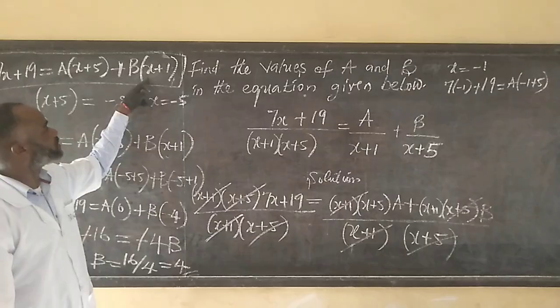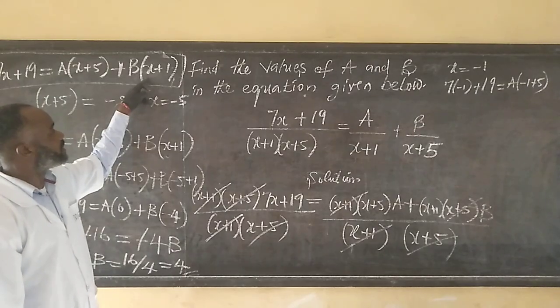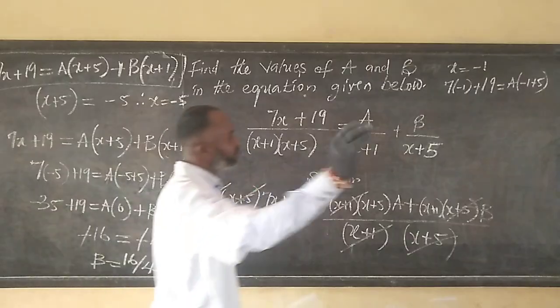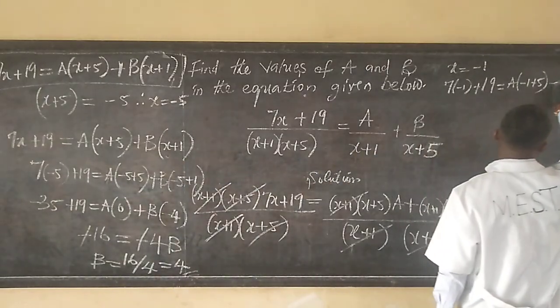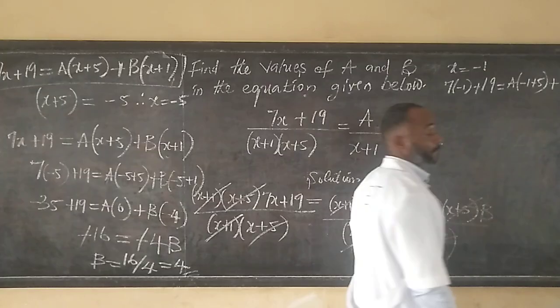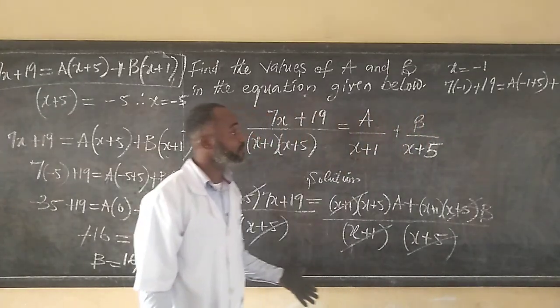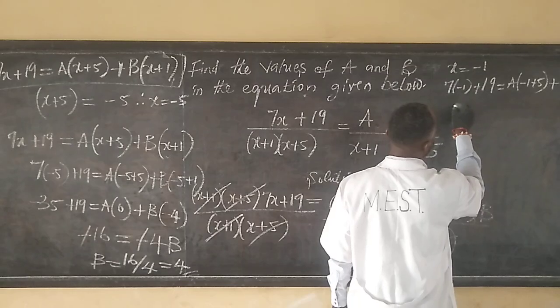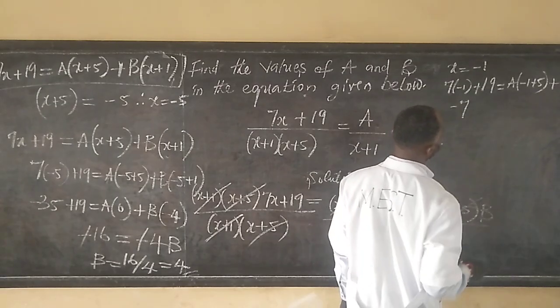Here we have minus x, that is minus 1 plus 1. Minus 1 plus 1, definitely that sign is 0. So b at this point is completely 0. That's what it means. So what is remaining is this. 7 times this is minus 7, alright?